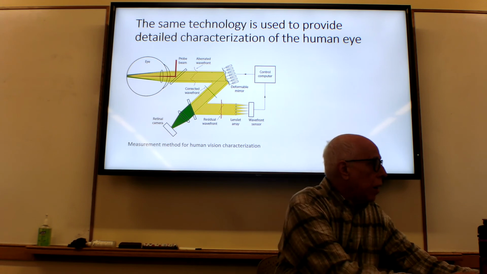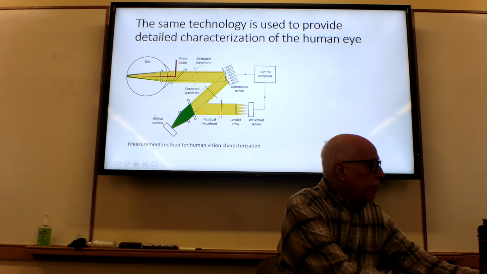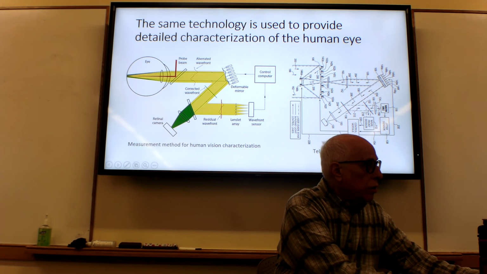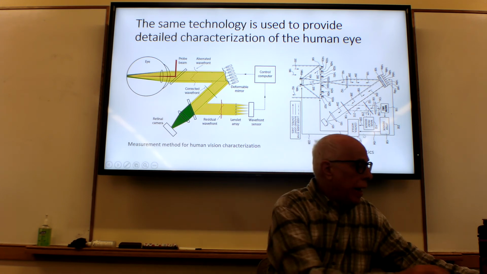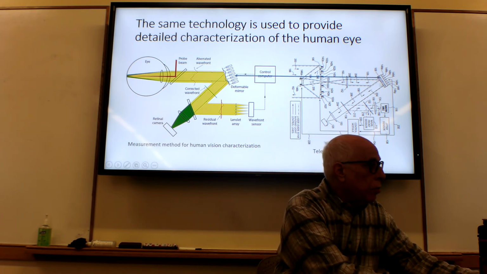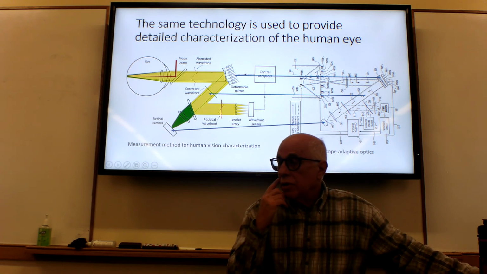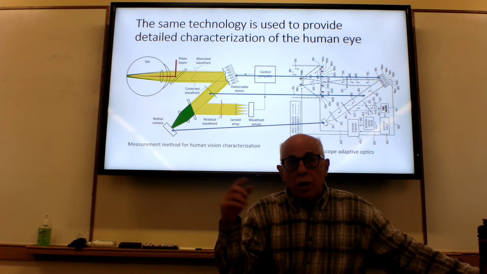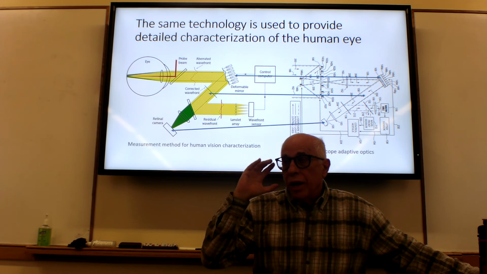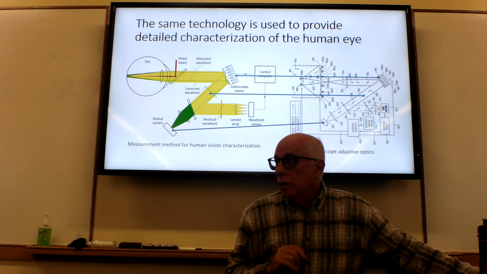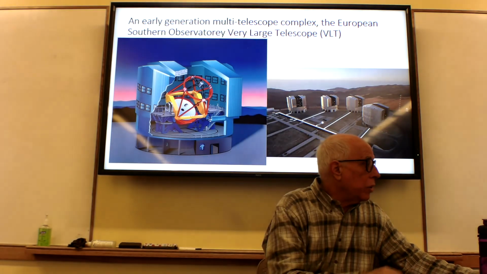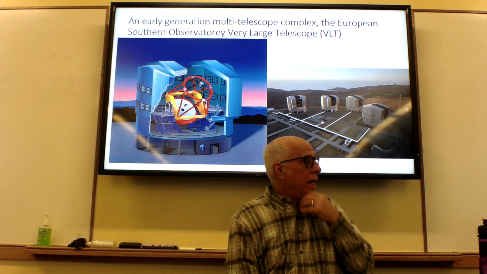And every part of this medical machine has a corresponding part to this drawing, which is from my patent, that you have the deformable mirror here and here, and you have a corrected wavefront that results, and you have a retinal camera to measure the defect that you're trying to remove. So while the machine is running, you're driving the defect in the person's eye down to 0. So practical application there. So now let's talk about VLT.